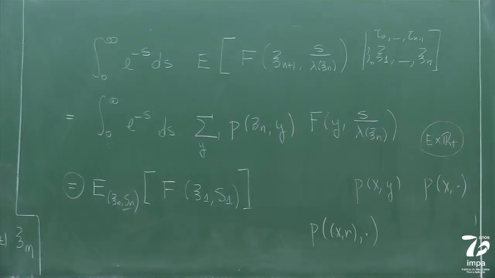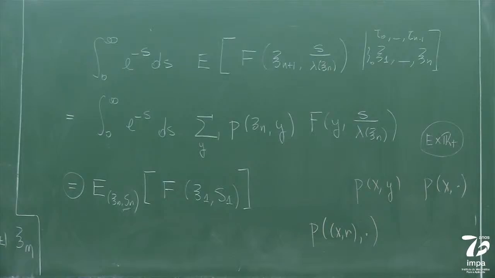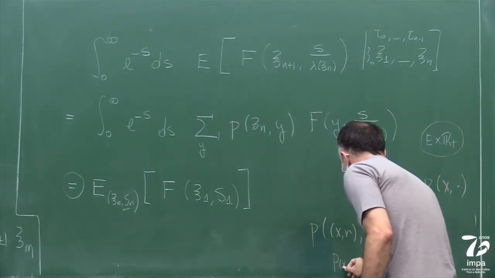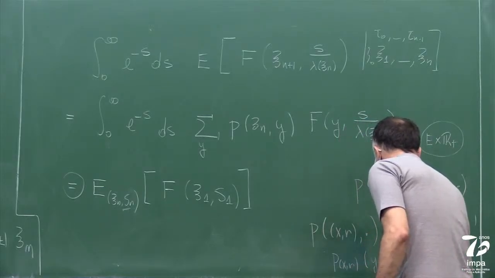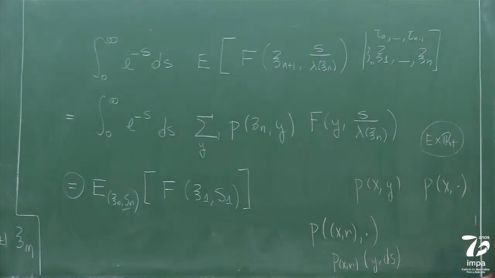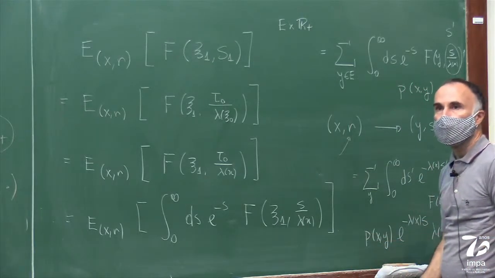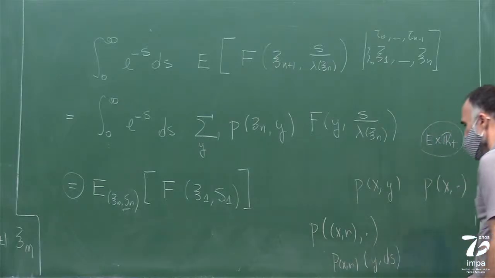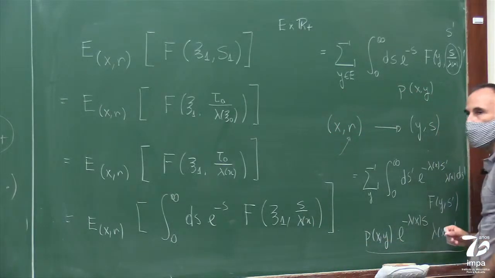Okay? And which measure is it? Well, the first one is discrete. The second one is continuous. So this measure, maybe I'll write it PXR. So it's a measure on y, ds. Okay? So it's discrete in the first, continuous in the second. And this is exactly this measure here. So it tells me that if I'm at XR, then I will jump to YS with this measure.